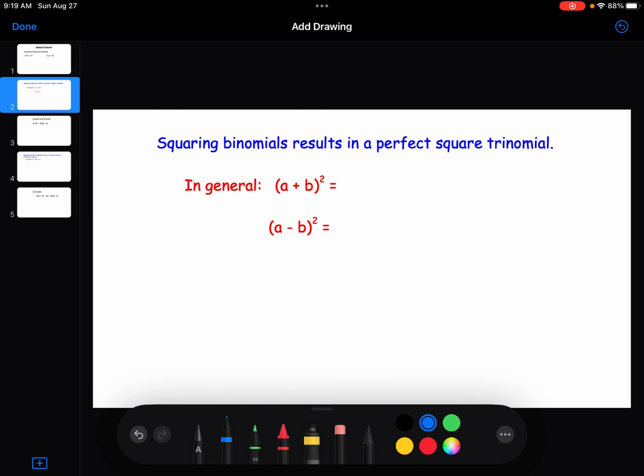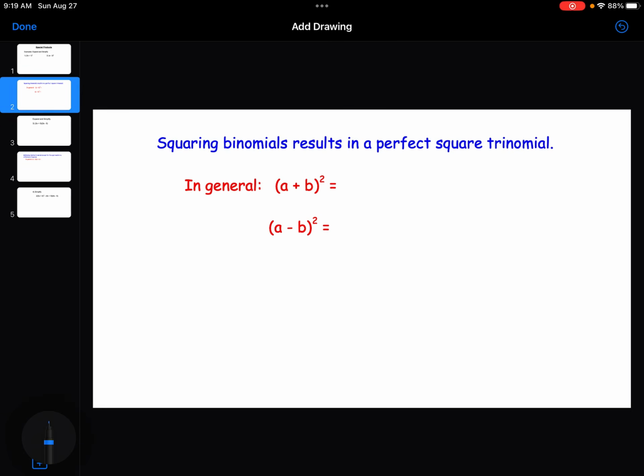So in general, what we can consider is that if we want to do a binomial squared, it's going to create a perfect square trinomial, which is always going to be our first value squared at the start, our last value squared at the end, and then we take whatever sign is in the middle and we write plus 2 times our first times our last.